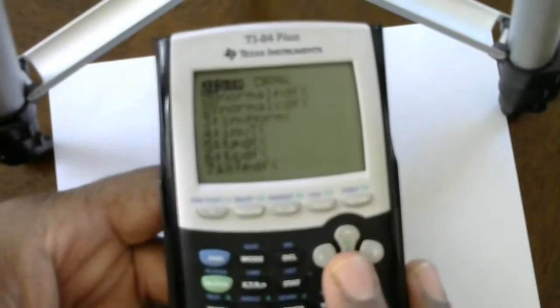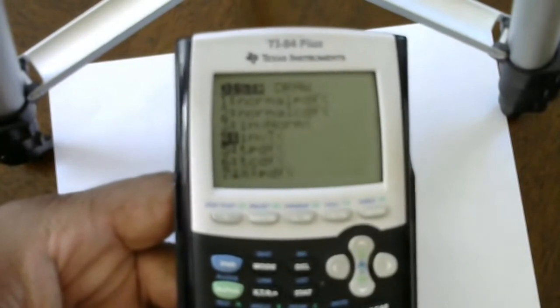Well, in order to do that, I'm actually going to use an inverse T. Now, on this TI-83, when I go into my distribution functions, I see an inverse normal, but there is no inverse T. However, on our TI-84, notice that if I go into distribution, I have an inverse T. So the inverse T function is what we'll use to find the T alpha over 2 value.